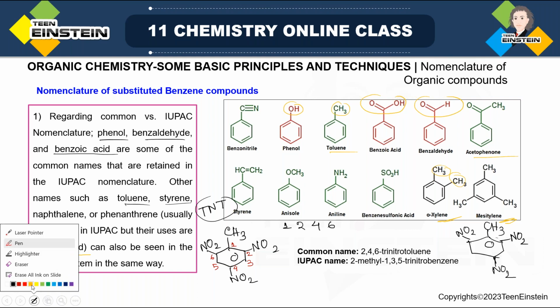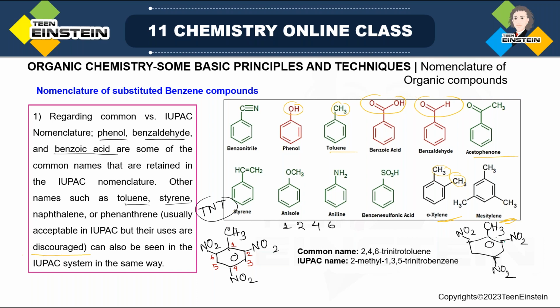But suppose you are doing another numbering, starting from 1, 2, 3, 4, 5. In this case you get at 1 position the first NO2, then at 2 position methyl, then at 3 position another NO2, and at 5 position the third NO2. It is 1, 2, 3, 5. Now 1, 2, 3, 5 obviously will get preference compared to 1, 2, 4, 6 according to the rule of first point of difference.